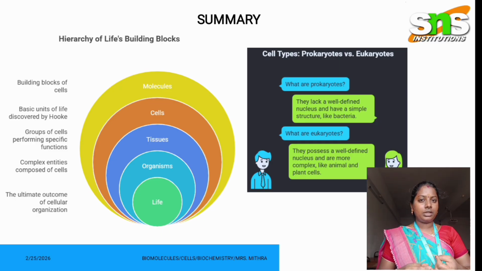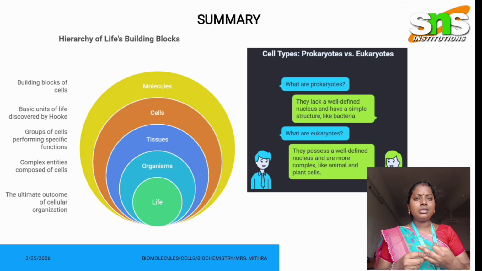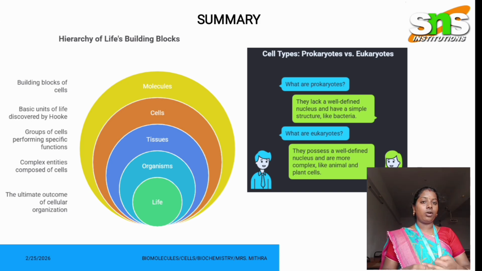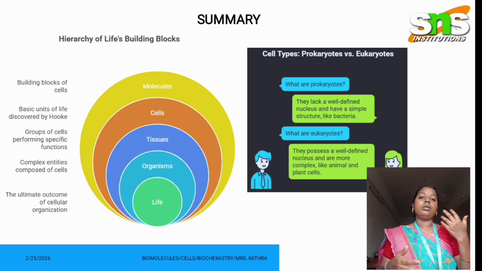That is the basic unit of life, which was discovered by Robert Hooke. Several cells together form tissues, several tissues combine to form organs, several organs combine to form an organ system, and one or more organ systems constitute the organism, which gives the life of the living organism.